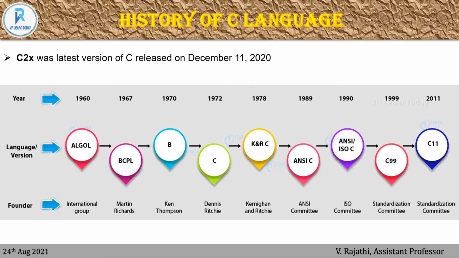In 1970, the B language was created by Ken Thompson, and after that C was created by Dennis Ritchie in 1972. After that the versions go on. The latest version of C was released on December 11, 2020, and the version name is C2X. In this topic we are just focusing on the C language.